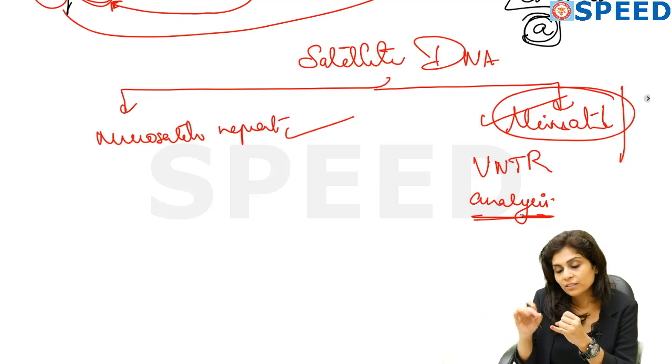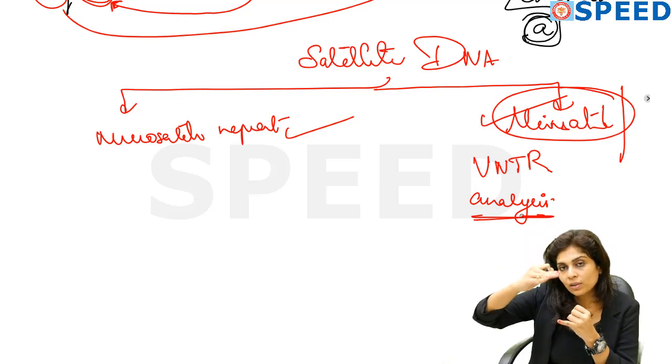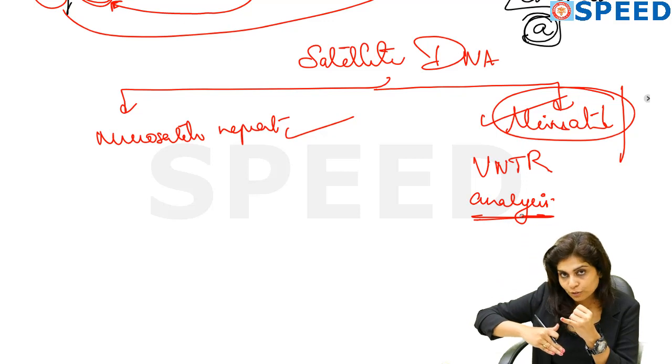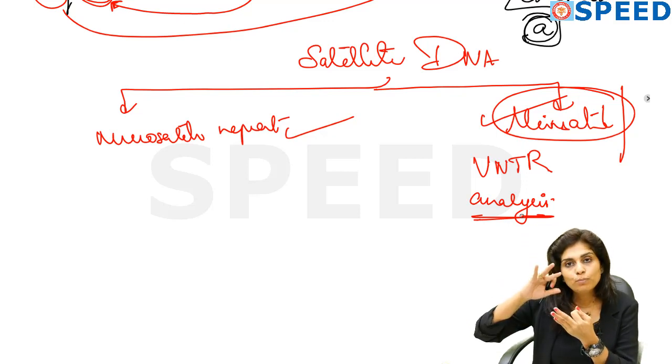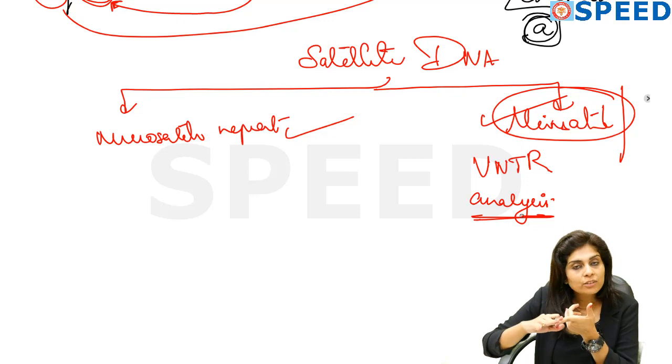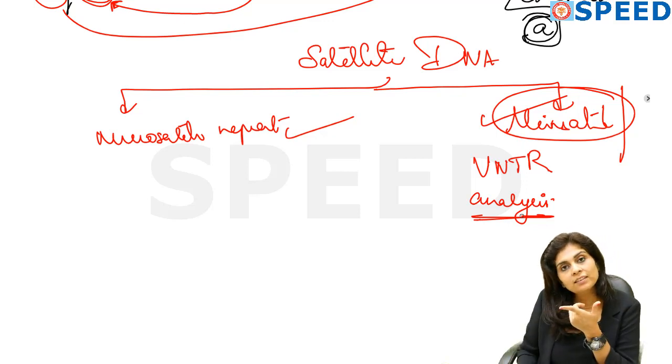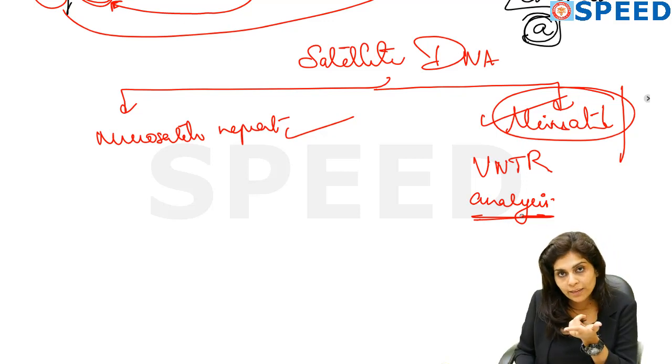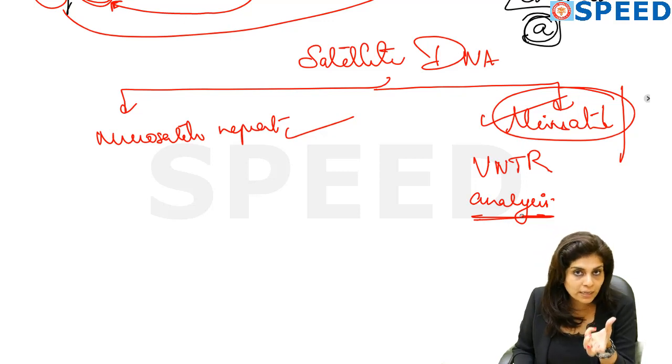Okay, and for this the first step is separating all the fragments based on length by electrophoresis. You denature all the fragments. You blot the gel on a nitrocellulose paper. That's why it's called a blotting technique. You dip the nitrocellulose paper in a solution containing radio-labeled probe, and you allow the radio-labeled probe to hybridize with the specific fragment.